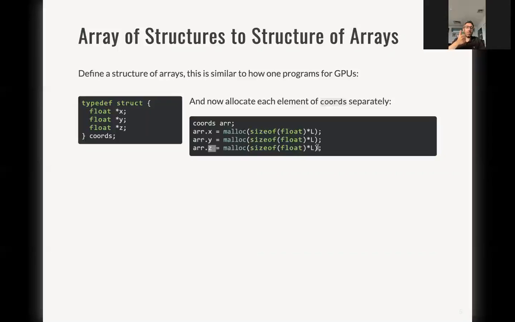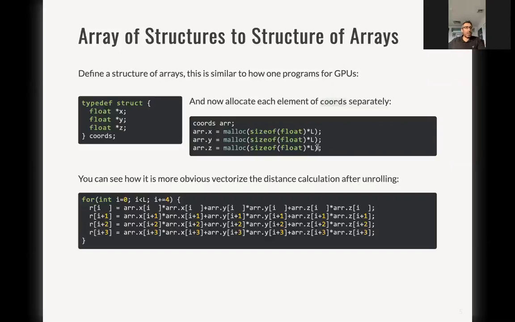Does the component of the vector run fastest, X, Y, Z, or does the element of the array run faster? So we're swapping this around. And then if you unroll this like we did before with that simpler operation, you can see how this is easier to vectorize, because now for each element of the array, you have nicely lined up the operations, and now you can do this in fewer vectorized operations.